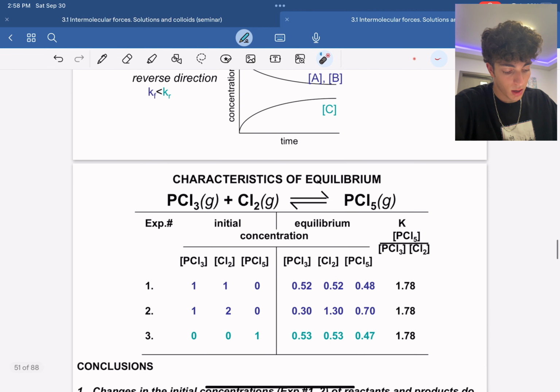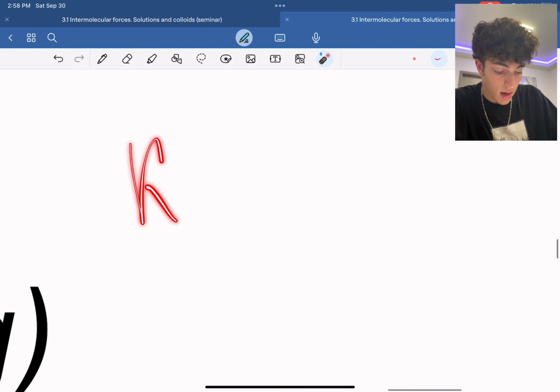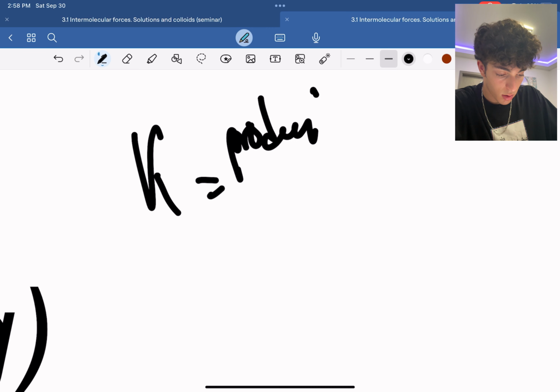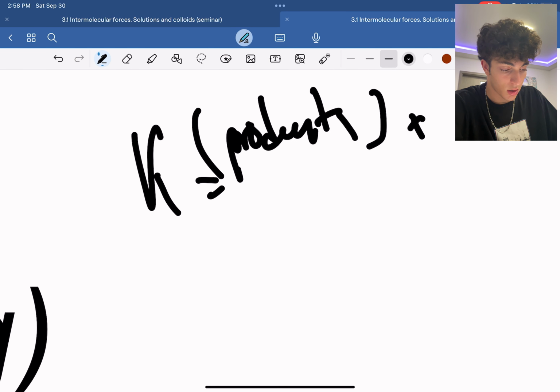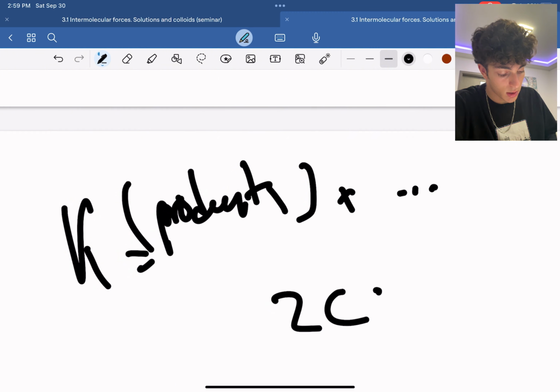So whenever you're thinking about the formula, I'll write it for you right here. K equals products, okay? If there's multiple, they're multiplied by each other, raised to their molar coefficient. So if the balanced formula had 2 CO2, instead of just CO2, you'd write a 2 up top, okay?